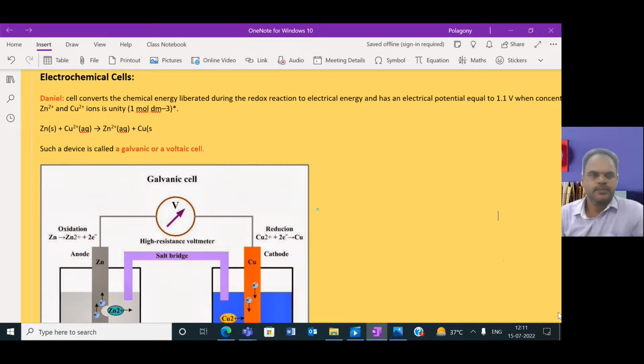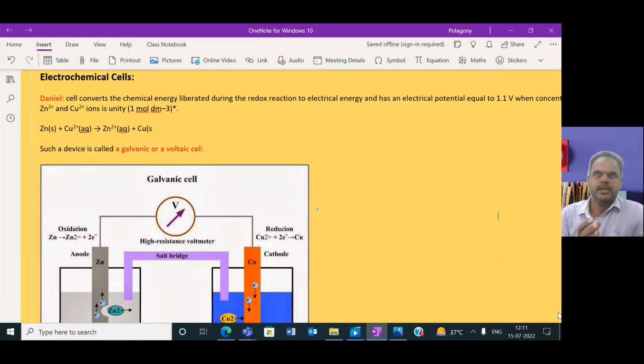Sometimes we get confusion between the galvanic cell and the Daniel cell. What is a galvanic cell and what is a Daniel cell? Let me clarify the differences. There is not much difference between the Daniel cell and the galvanic cell.